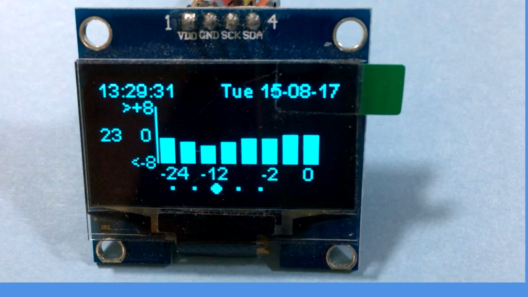In this screen it shows you the trend in air pressure, and its baseline is always hour zero, so all those pressure changes over the last 24 hours are relative to time zero or hour zero there.